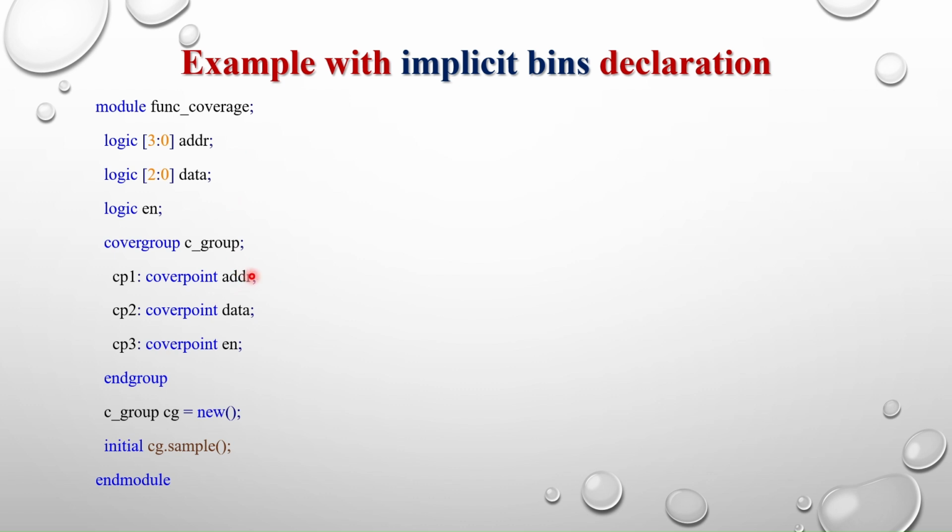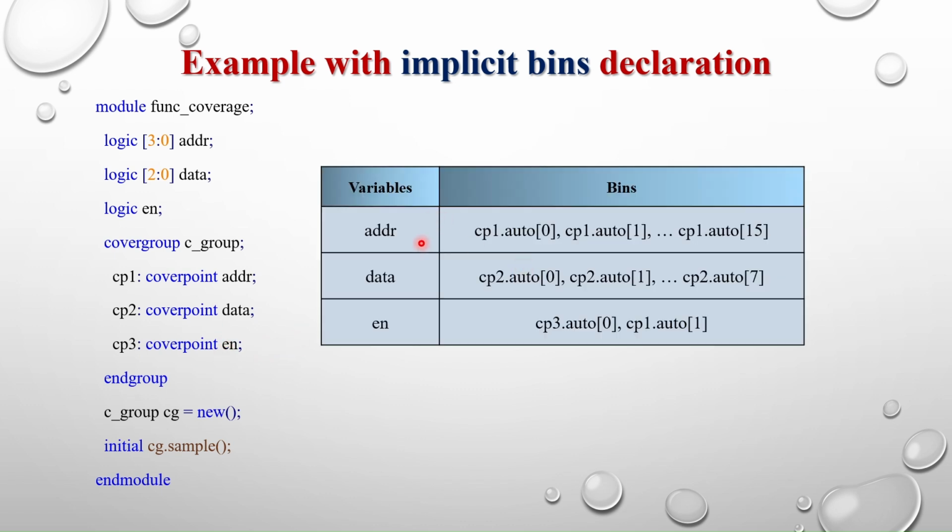Okay, 16 implicit bins will be created for the address variable, and for data 2 to the power 3, because data is 3 bits. So 2 to the power 3 implicit bins will be created for the data coverpoint. And enable is a single-bit coverpoint. So 2 to the power 1 is 2. So 2 implicit bins will be generated for coverpoint enable. Okay, so for address, cp1.auto[0] to cp1.auto[15].